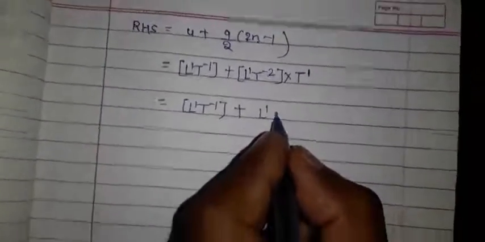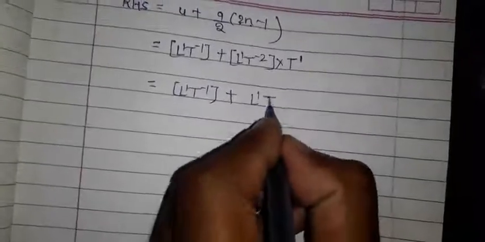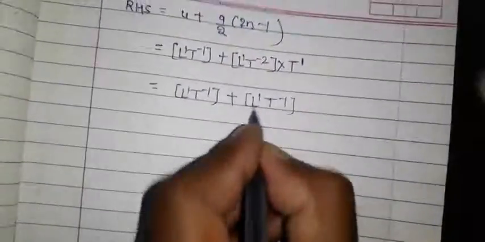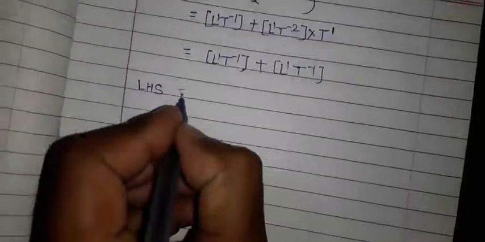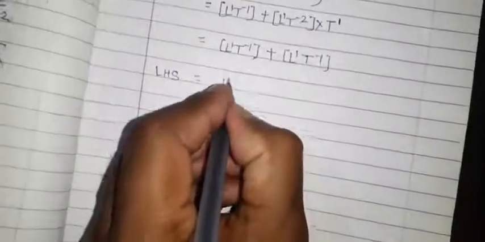So according to the rules of powers of components, it becomes T minus 1. L1 T minus 1, L1 T minus 1. And what is the dimension on the LHS side? The LHS side is also L1 T minus 1.